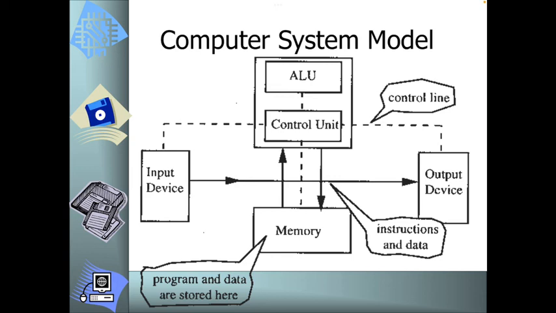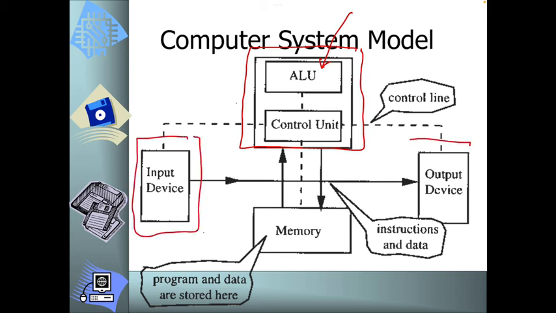If you can see here, we have a processor that has the ALU. What is ALU? Arithmetic logic unit. For calculation they will use the ALU. Then we also have input output, what we call the IO, and also memory.